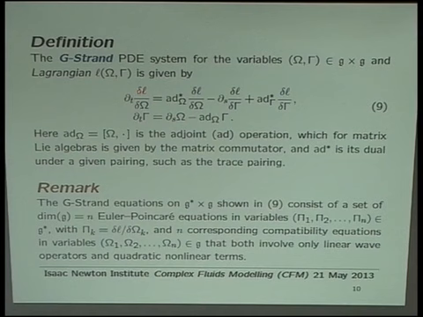This guy is on the dual of the Lie algebra, this guy is on the algebra, and it's a set of Euler-Poincare equations and compatibility conditions. It produces linear derivatives in space and time and quadratic nonlinearities.